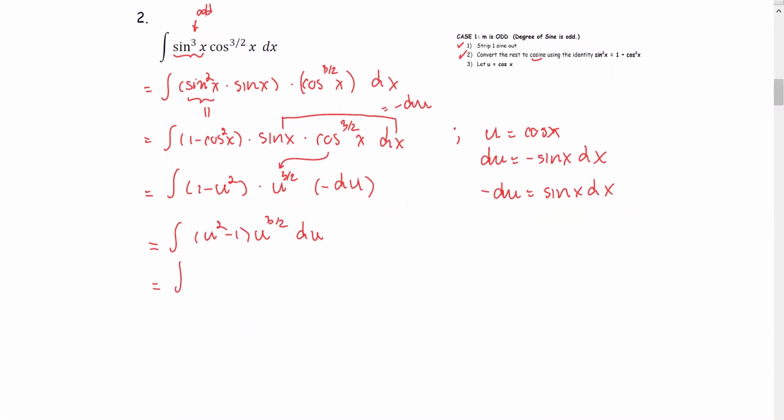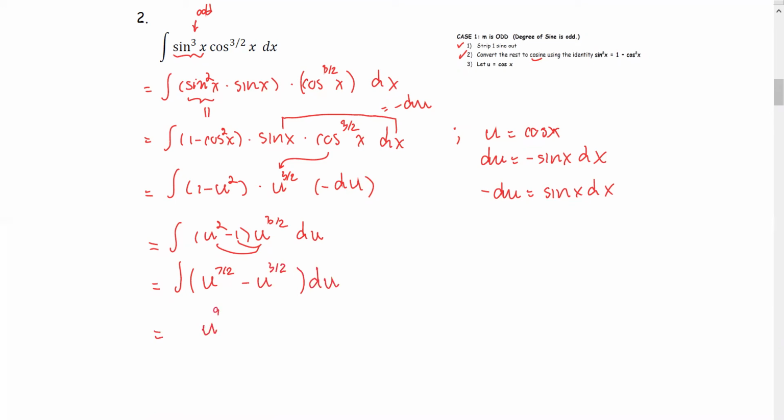And then we distribute u to the power 3/2 to both terms to become u to the power 7 over 2 minus u to the power 3 over 2. With respect to u, use the power rule to find the antiderivative.